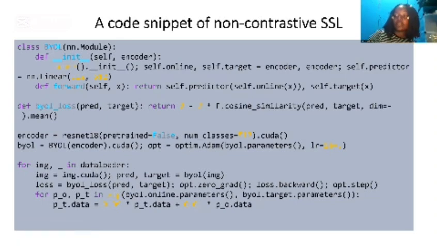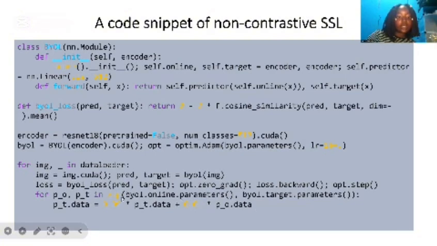Then it computes the BYOL loss in this line using this formula. After that, it updates the online network weights.